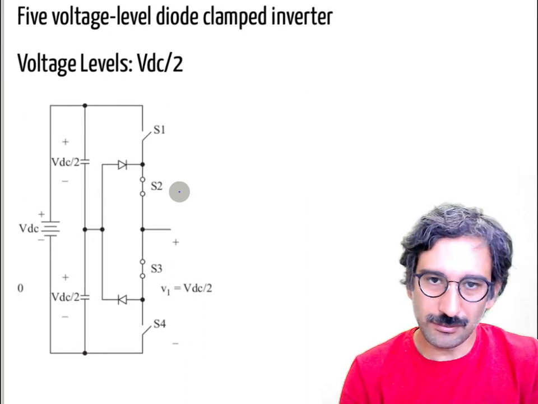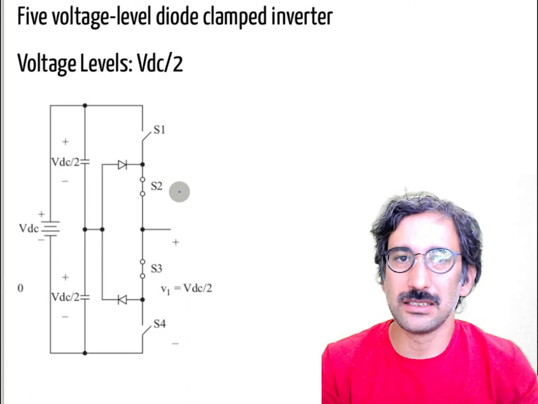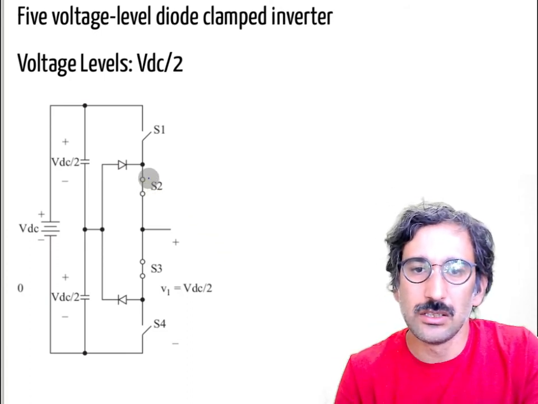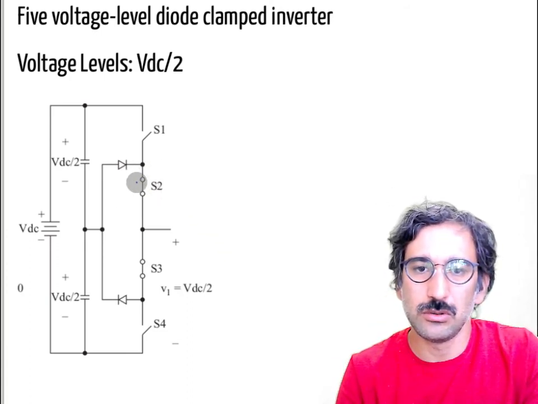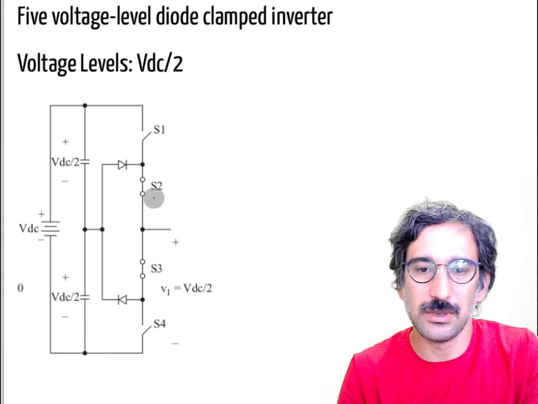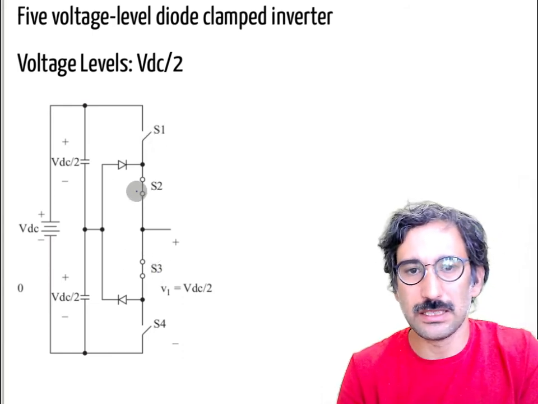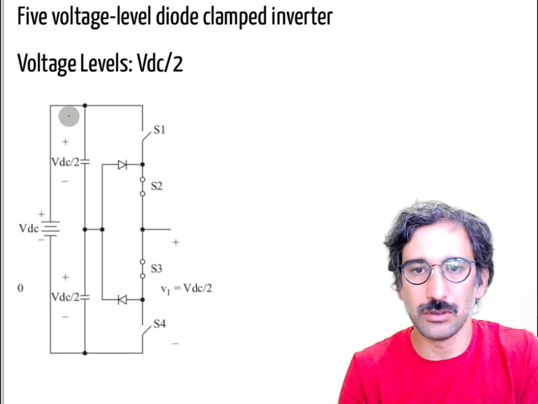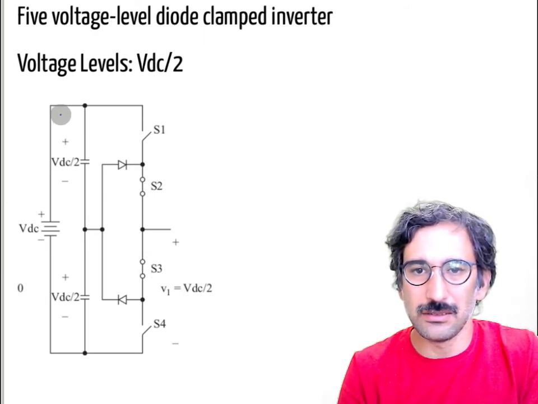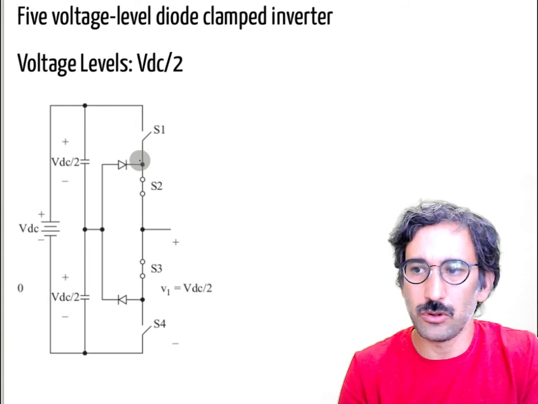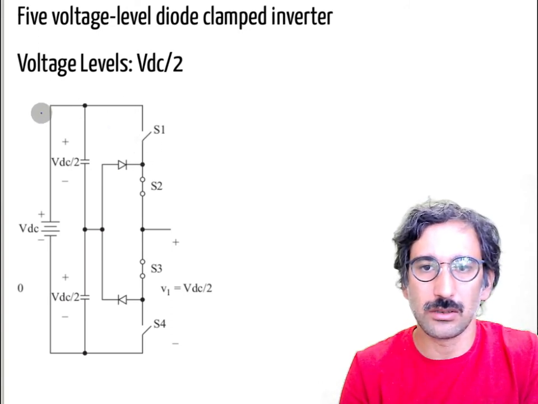Then that's where things get interesting. I can turn on S2, but turn off S1. The same thing here, they are mirrored. So S2 is on, S3 is on. I have no connection through here, but that one actually has a connection through here.